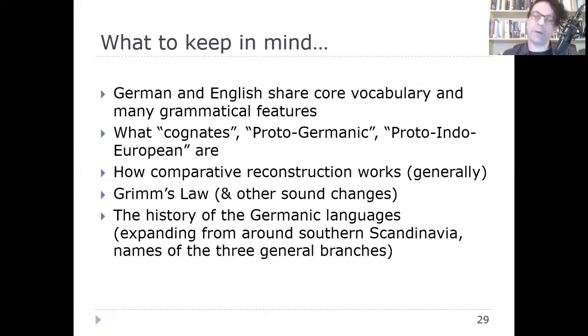You should know a bit about Grimm's Law and maybe recall some details about some of the other sound changes that I only very briefly talked about. And then lastly, the history of the Germanic languages, expanding from around southern Scandinavia. And you should also recall the names of the three general branches of Germanic.